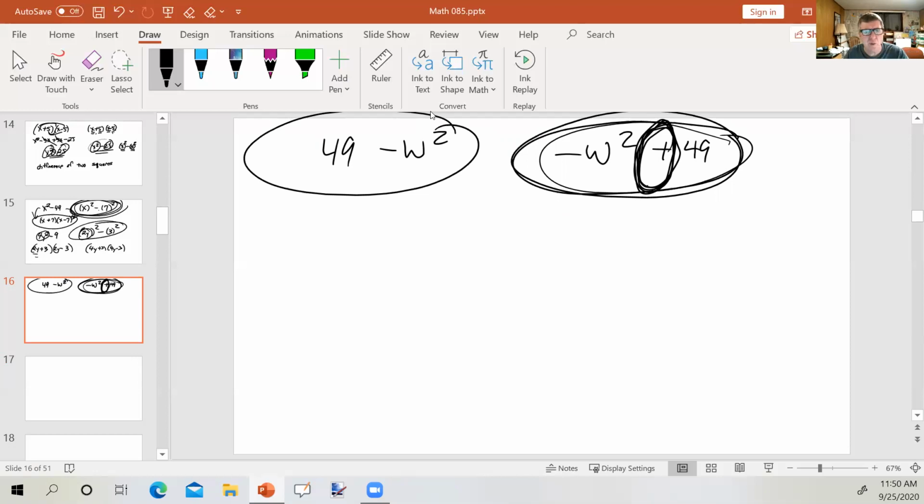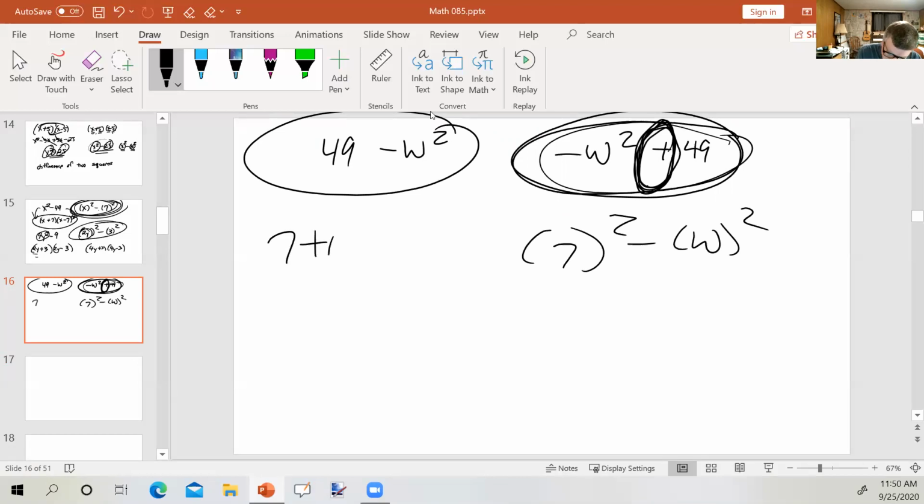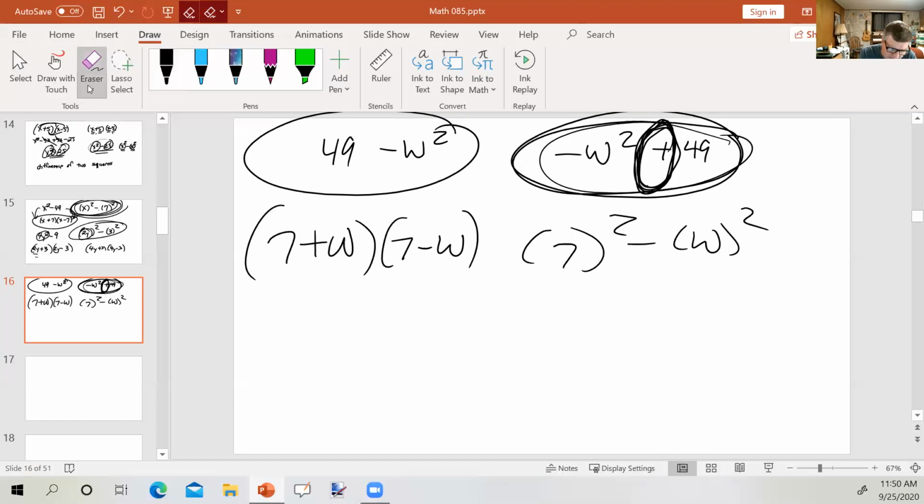So in the binomial, rather than focusing on standard form, I'm going to focus on, can I write it like this? So I could write 7 plus w, 7 minus w. Does that make sense? Yeah, that makes more sense. I was just kind of confused when I saw it that way. I was like, wait, I don't know about the negative.